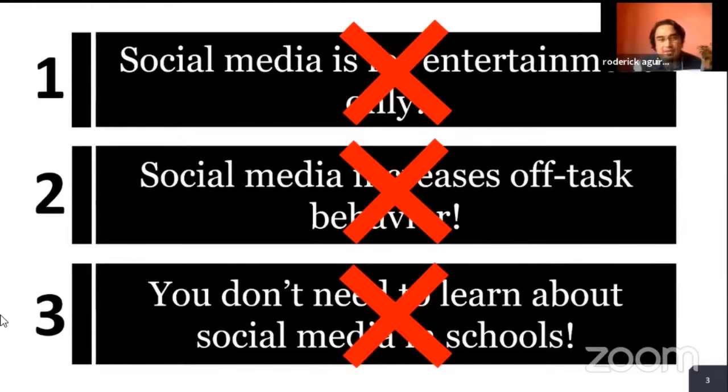All right, so we have the three statements, and we're going to discuss all of this, how we can help our students use social media via the iconic language, improve their ethical use of social media, but at the same time have one language that students and teachers will understand together.